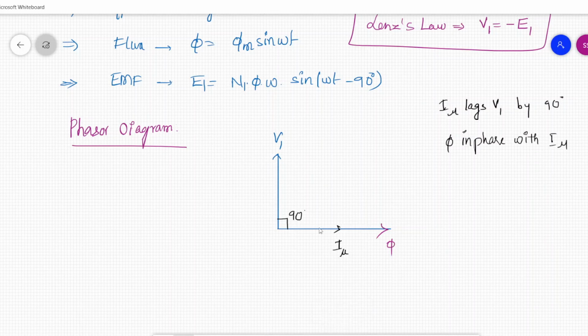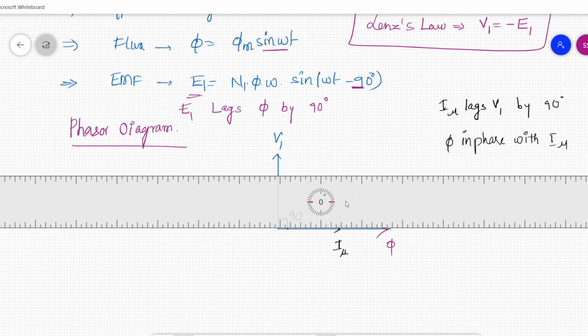Now this flux, and here if you observe, E1 is having the phase difference of minus 90 with respect to our flux. Flux is sine omega t, but E1 has minus 90 degrees. That is, E1 is lagging phi by 90 degrees.